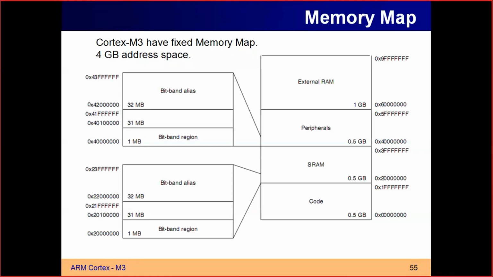Two separate names were given for both the buses. It is known as the I code and D code bus.